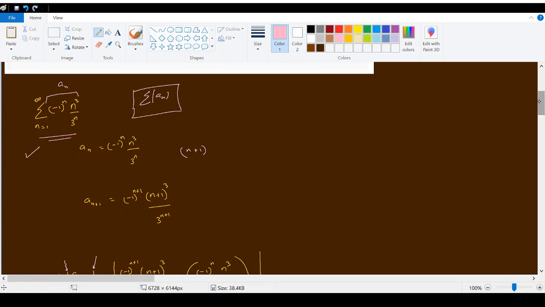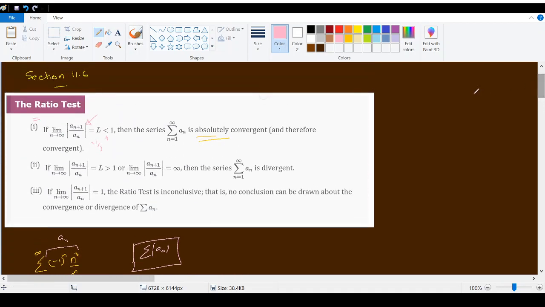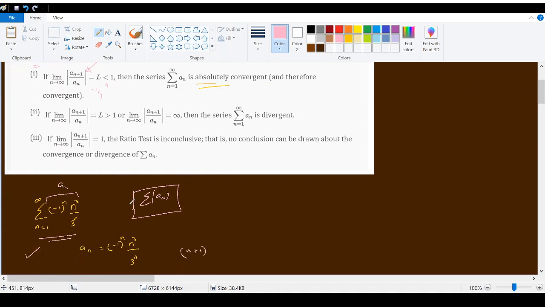So that's how you have to determine the convergence of the given series. Since this is absolutely convergent, the original series will also converge. This absolute nature comes from the theorem itself.